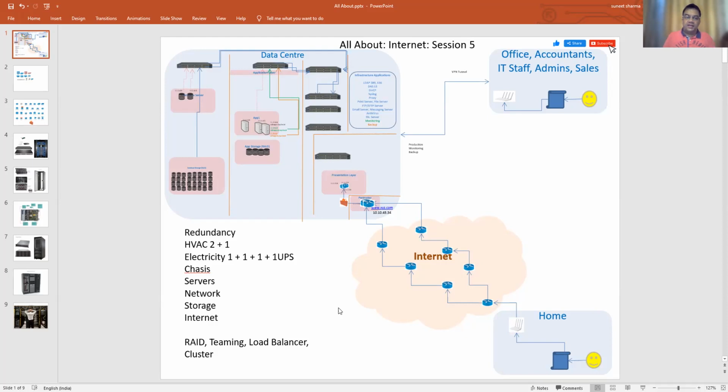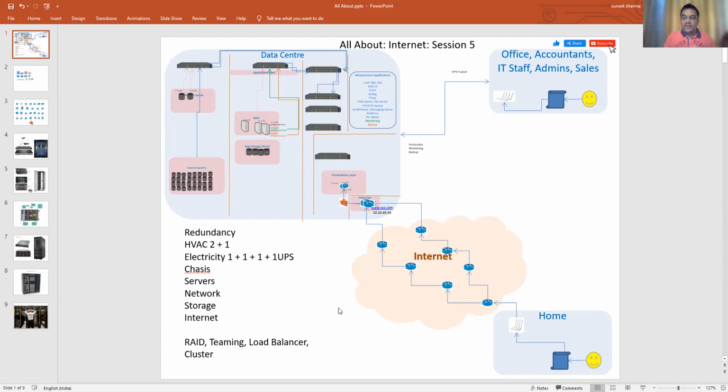I think I did show you one picture of a data center where there was a cage and some racks kept over there, and I told you that cage was electrified. It means it had electricity, and if you touch that, you are going to get an electric shock, right?